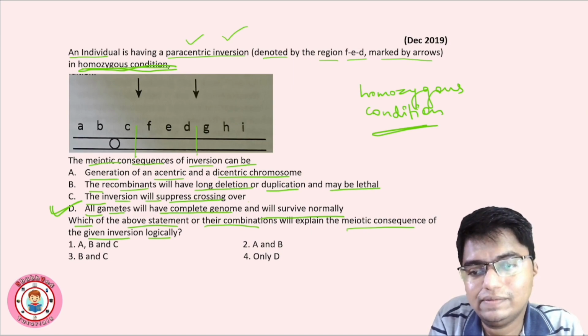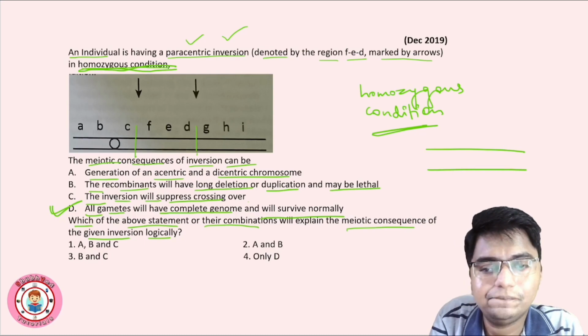Okay, see, it is logically correct. दोनों क्रोमोसोम में इन्वर्जन है, in this also, in this also. So they will pair normally, they will segregate normally. Crossing over वगैरह जो होगा, all this will be normal.